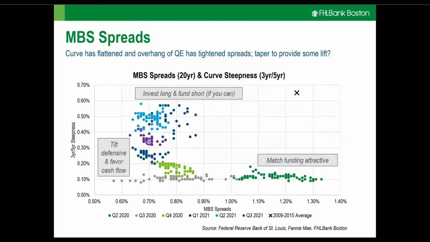You may not have noticed it, but if you actually look at the top right section of this chart, there's an X there, and that represents 2009 through 2015, which was coming out of the great financial crisis. So spreads were much better back then. And so as loan demand weakened, it was easier to buy bonds than it is today, for sure. And so the point being, we feel your pain, and the challenge is in trying to manage your bond portfolio in today's environment.